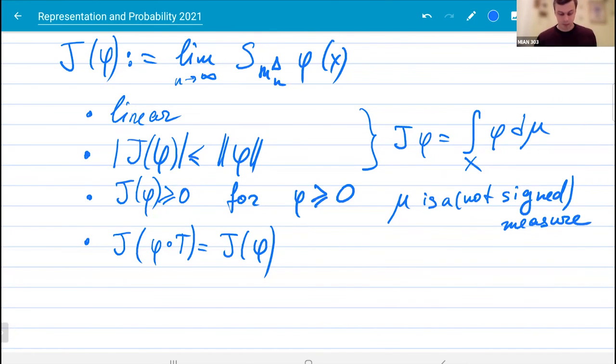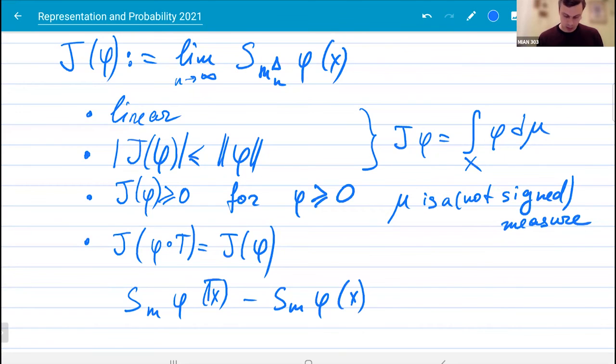This property is also quite straightforward because when you take the sums, almost all summands cancel out, and you have just 1 over m times phi of T^m of x minus phi of x.